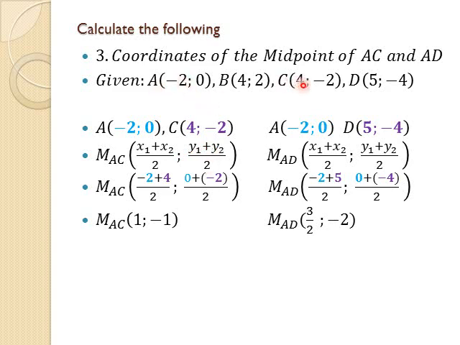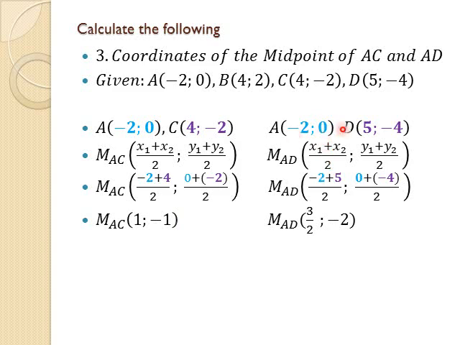For the midpoint of AC, I have (-2, 0) and (4, -2). So minus 2 plus 4 divided by 2, 0 minus 2 divided by 2. 4 minus 2 gives me 2, 2 divided by 2 gives me 1. 0 plus negative 2 is negative 2, negative 2 divided by 2 gives me negative 1.